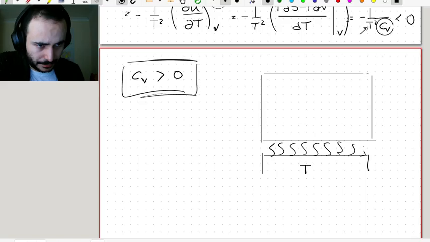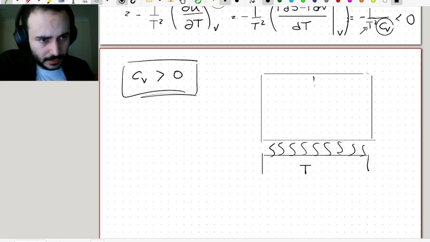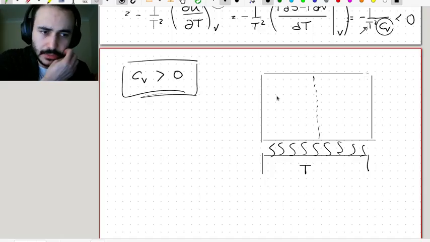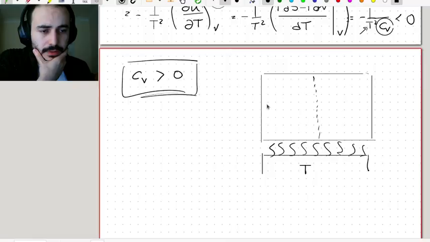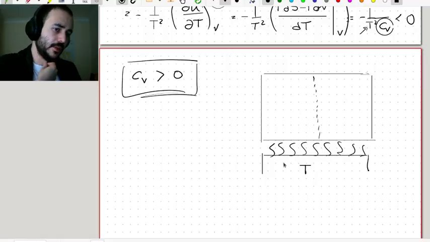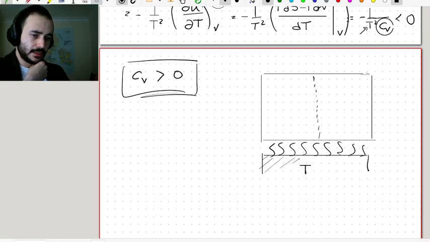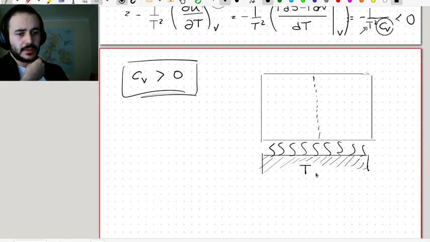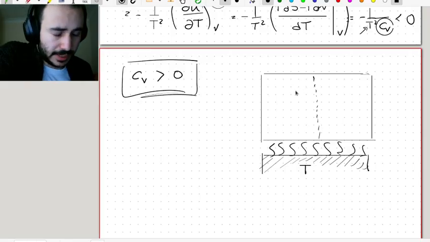And just like before, I'm going to take the available volume and break it into 2 equal pieces. I'm assuming that initially, in this configuration in which I am in contact with the heat source, my system is in a stable thermodynamic equilibrium state.